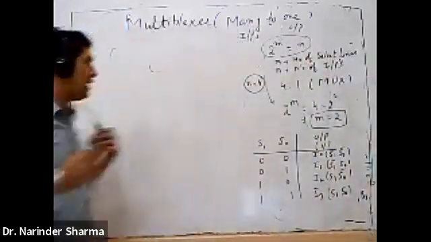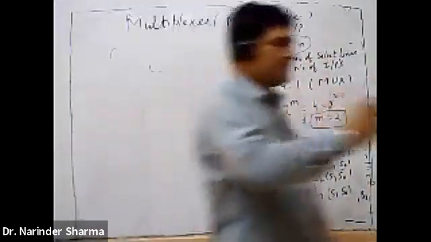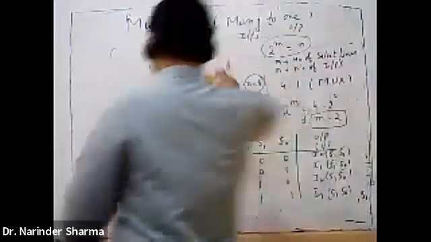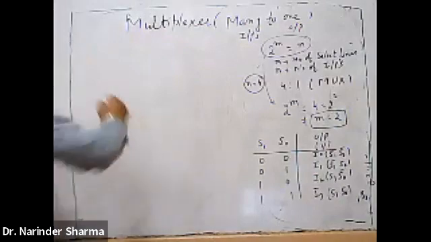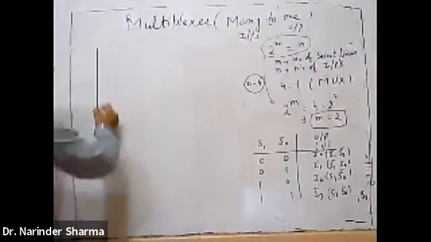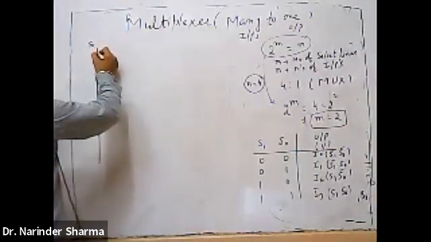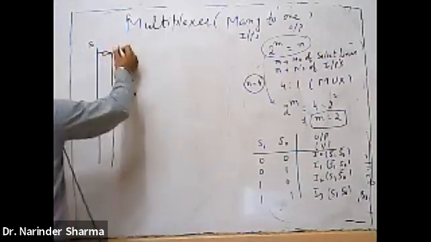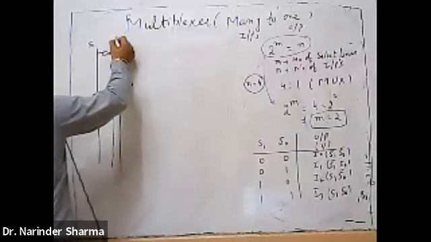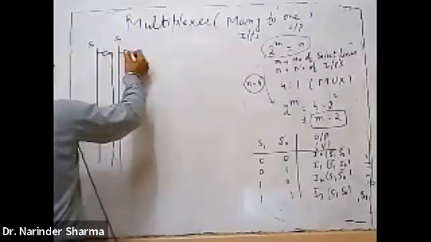Now, how can we design the 4:1 mux circuit? It is as follows. S1, S1 bar, S0, S0 bar.